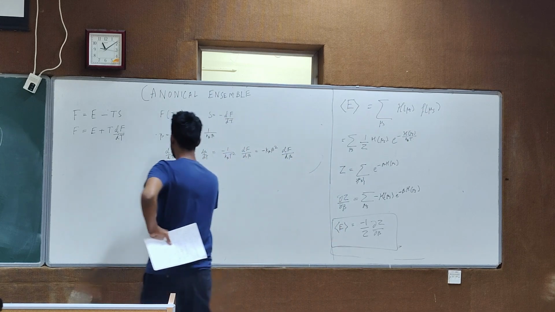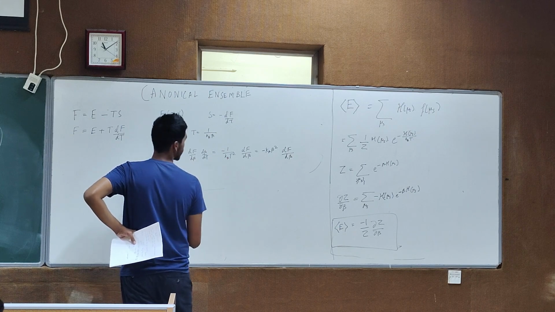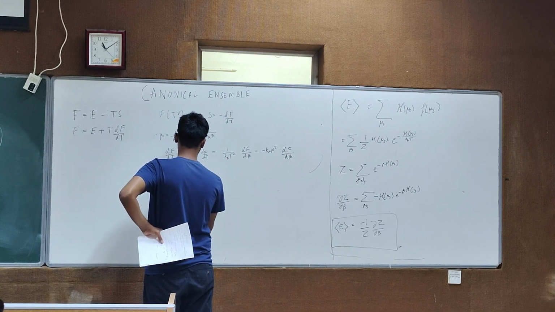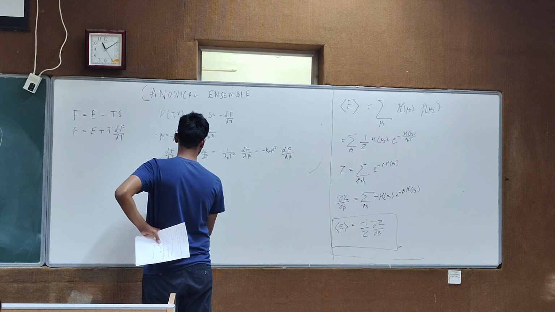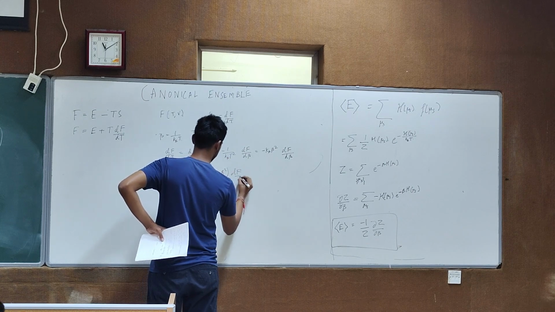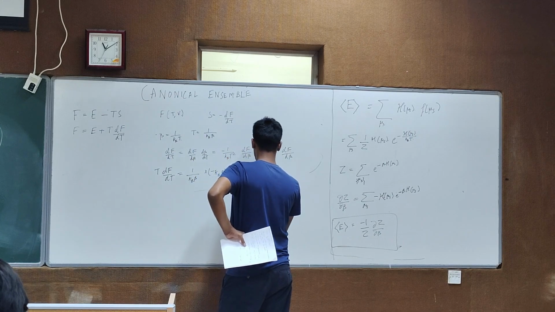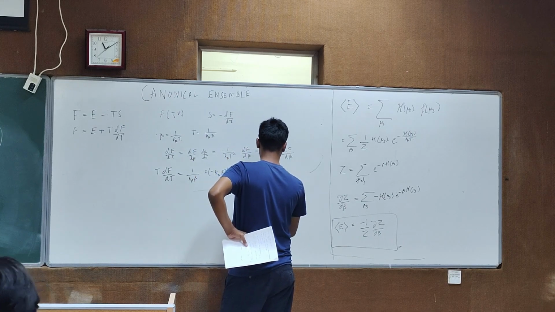So T times dF dT is equal to minus beta dF d beta.